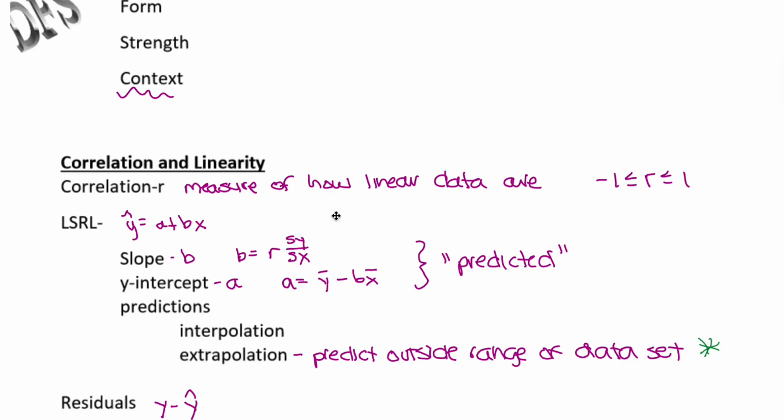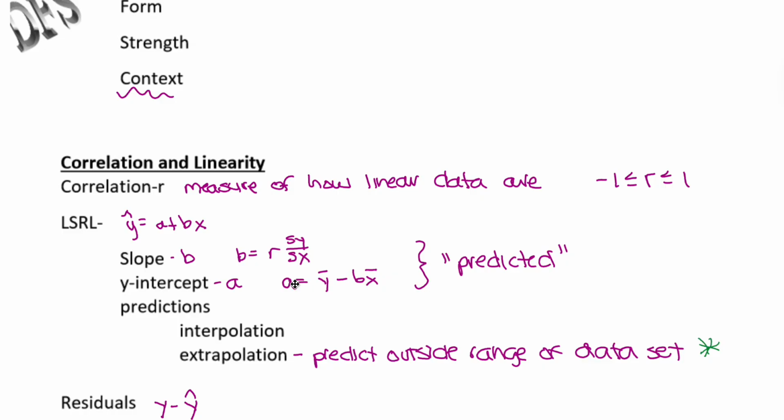Y-intercept, also known as a, is also a formula on your packet: a is equal to y bar minus b x bar. Same thing, if the question gives you all of those variables, you can find a by yourself using this formula. And remember, slope and y-intercept are used for the predicted values. So you can see that predictions occur a lot of the time.